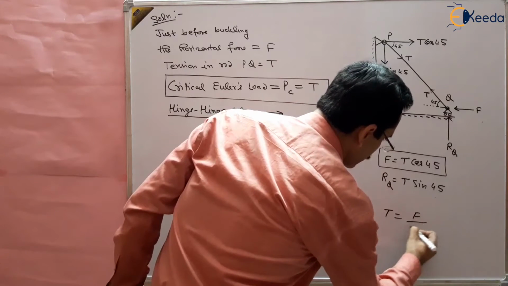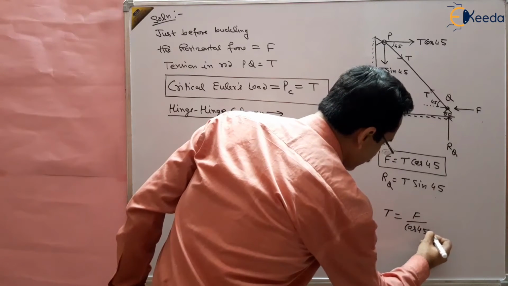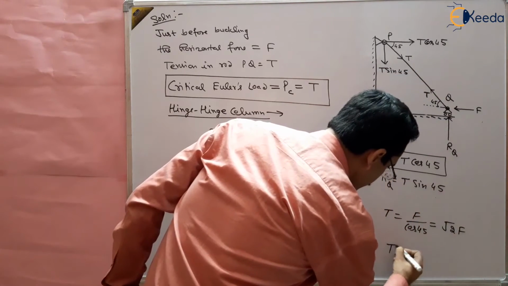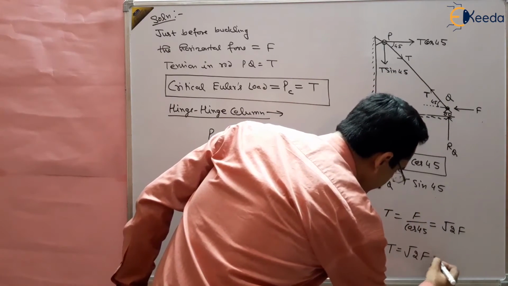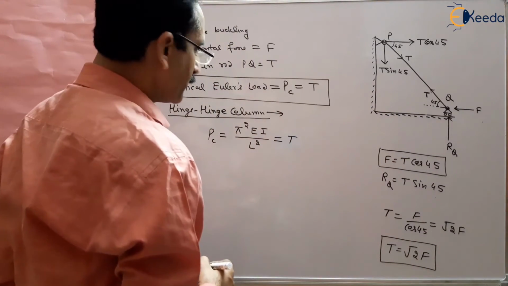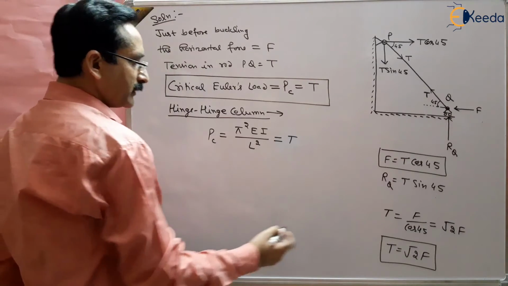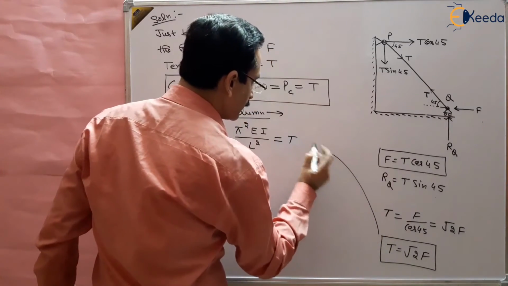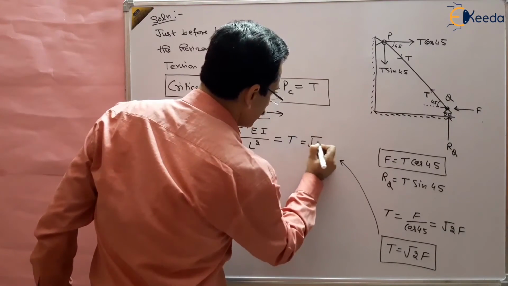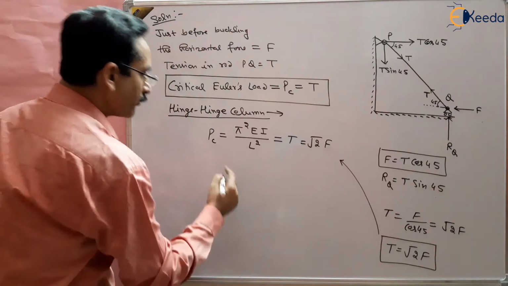Cos 45 is 1 by root 2, so T should be equal to root 2 F. Put here the value of T and you will get the value of F: pi square EI upon L square equals root 2 F.